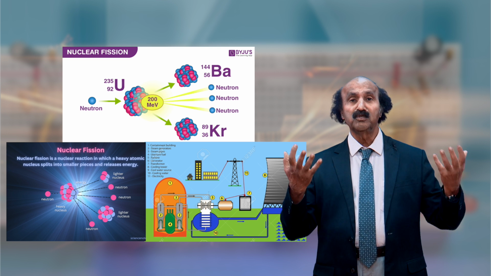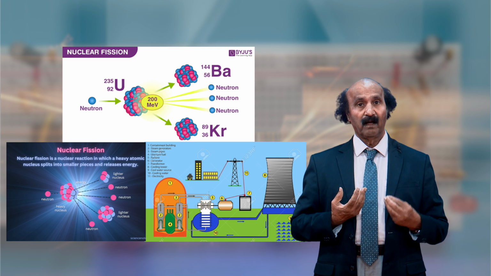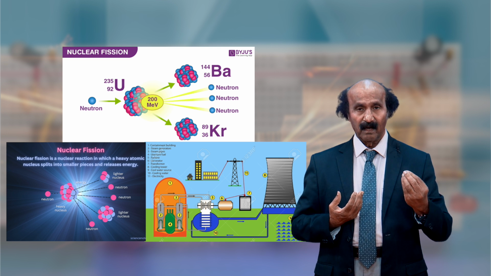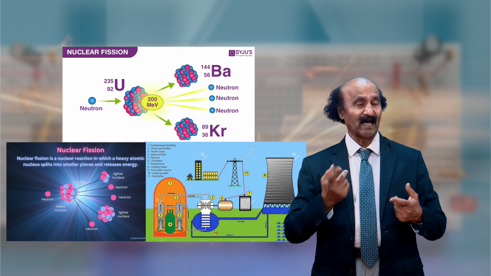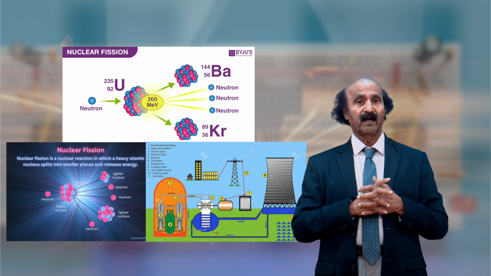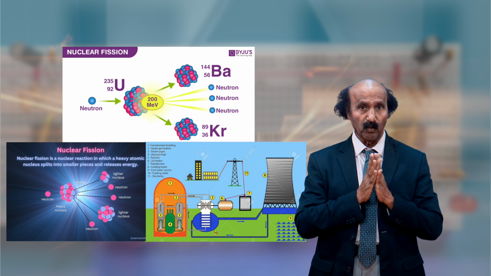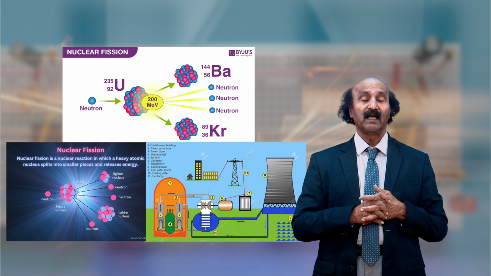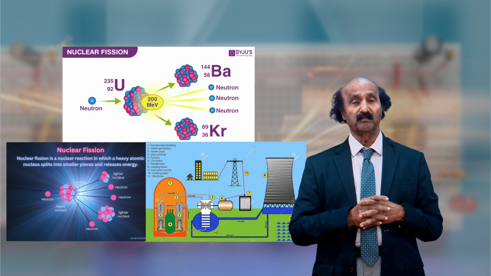You have to bring two nuclei like hydrogen or an isotope of hydrogen like deuterium together. What is this isotope of hydrogen? You know, hydrogen has one proton, one electron. That is the simplest atom in the whole universe. In some cases, hydrogen has an isotope.